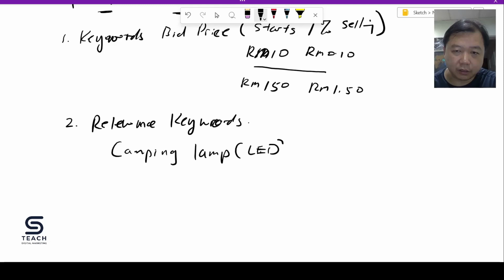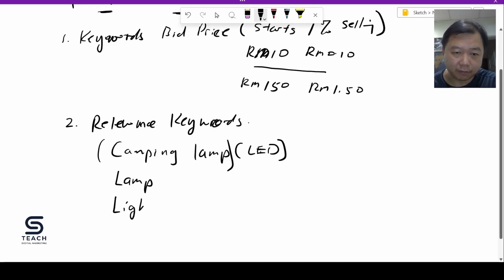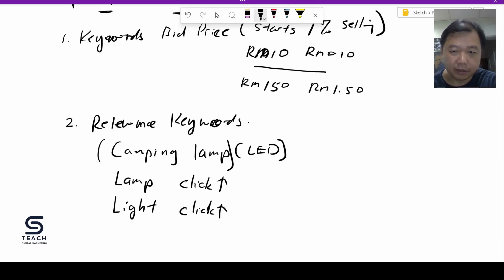So the keyword that you should put is, for example, camping lamp. You may also put keywords like lamp or light. If you put something like lamp and light, you may attract a lot of clicks. This one also attracts a lot of clicks, but there'll be no or very low conversion.